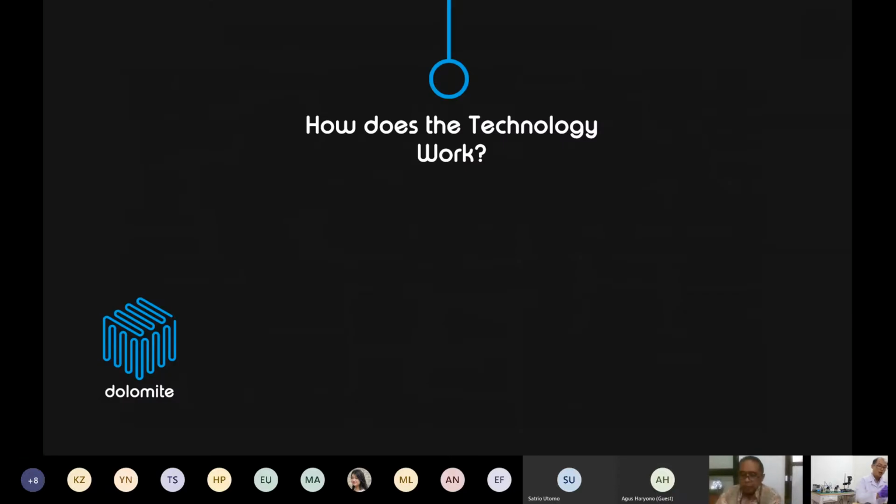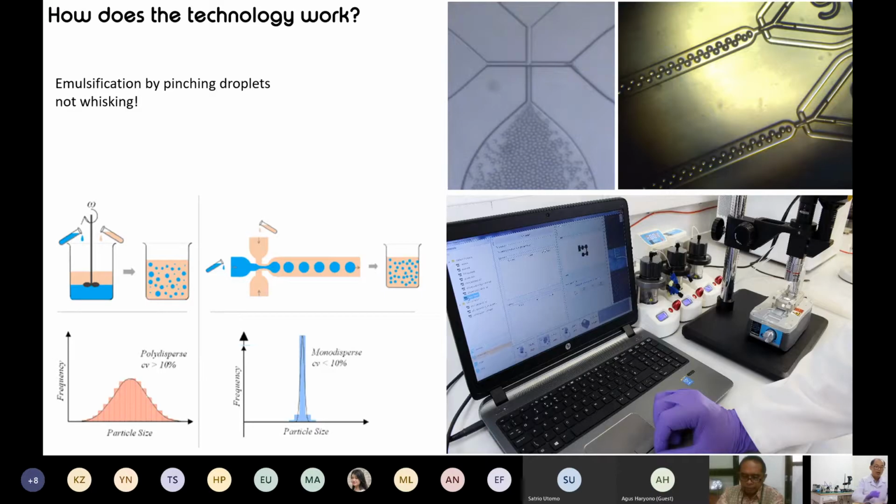So the next part, we will go to the basic concept of the microfluidic. If you have a look at the graph on the left side of the presentation, you can see the emulsification can be formed by different methods. The first method is the traditional method, like the batch method.